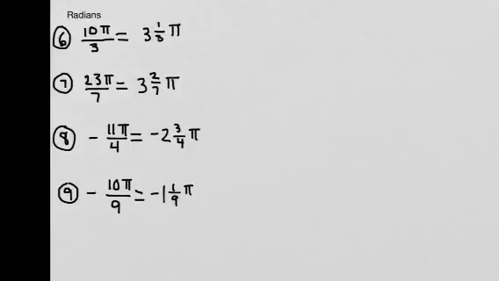So now how am I going to use this to draw the angles? So for number 6, there's your initial side, your 0. 3 1/3 pi, so that means 1 pi, 2 pi, 3 pi, and a third more, so that would be about right here. Then connect from the origin to that place where you stopped, and there's the angle right there.